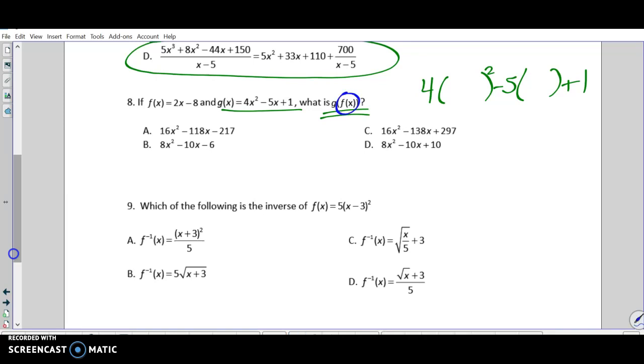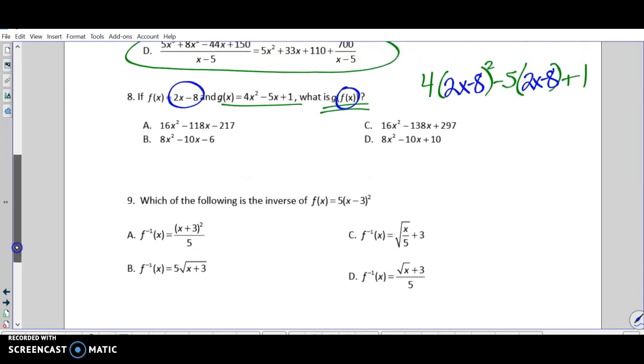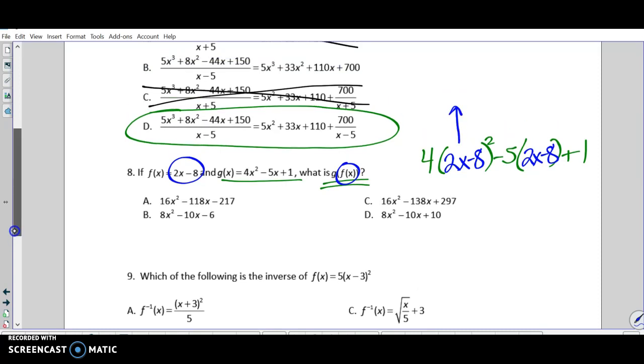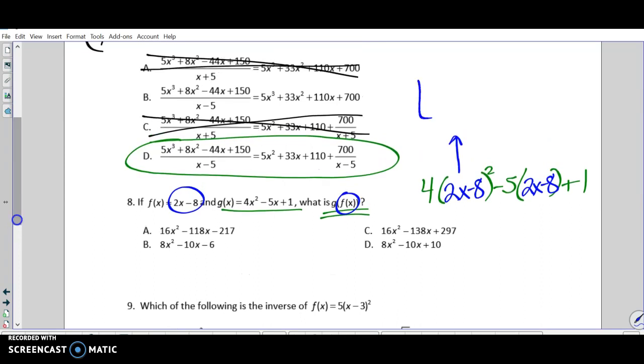I'm then plugging in f to anywhere I had x. So that's 2x minus 8 and 2x minus 8. Now, before you multiply, because exponents come first, you would not multiply by 4 and distribute it. You've got to do the box.